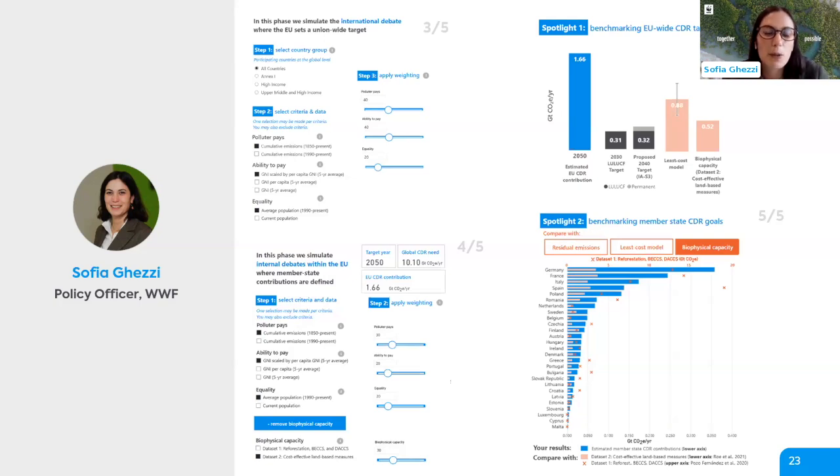Okay, so the way that we've decided to take it forward was to select all countries. And the reason why is that when we're talking about CDR, as WWF, we put a lot of emphasis on nature-based CDR, and we wanted to make sure that also countries that are already maybe net negative don't necessarily disregard their nature sinks, but are indeed incentivized to continue their protection.